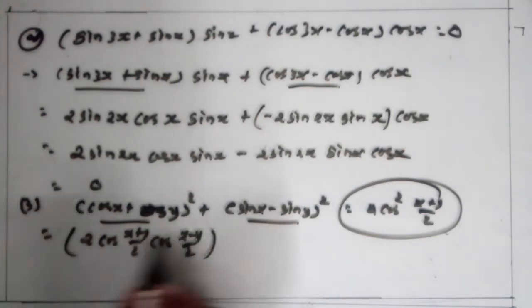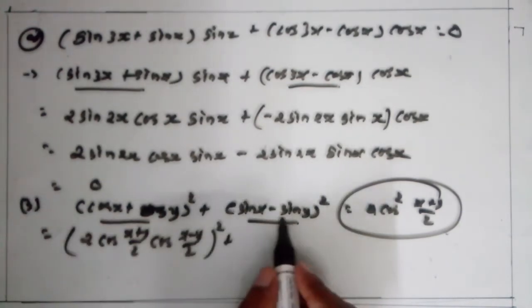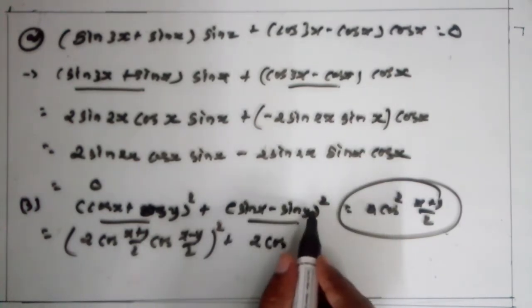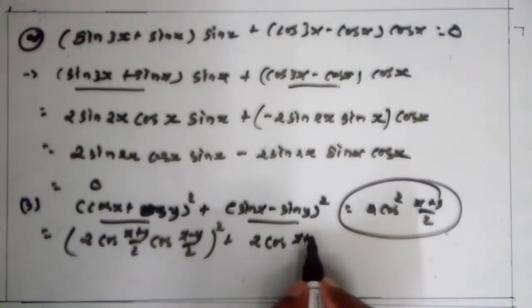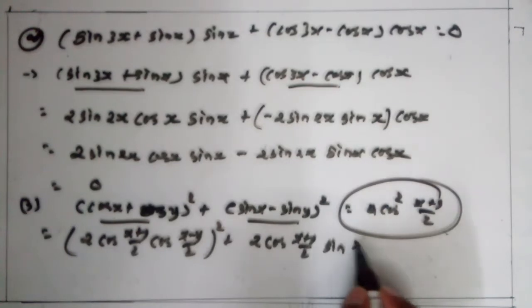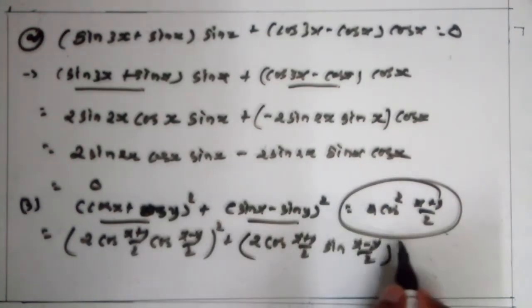Clear? Raised to 2, plus same here, s minus s is equal to 2cs, so 2 cos, first take addition of these 2 by 2, so (x plus y) upon 2 into sin, subtraction of these 2 by 2, that is ((x minus y) upon 2) raised to 2. Clear this?